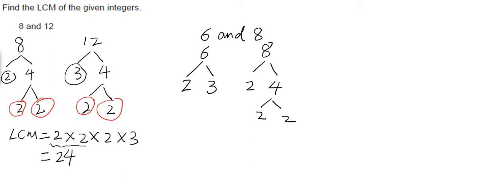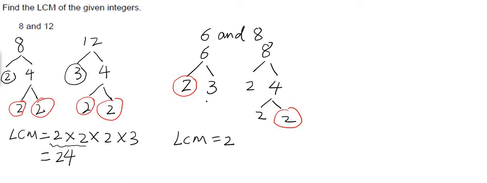So here we can see we have a common repetition, common factors, 2 and 2, right? So for the LCM, if we have repetition, we just pick it once. Here's 2.